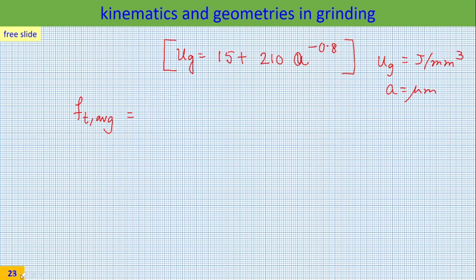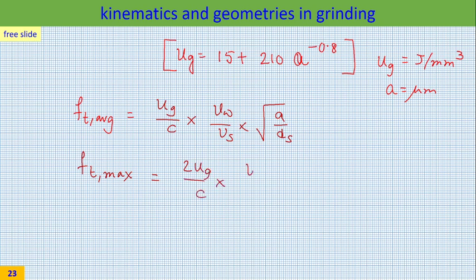FT average we have derived as UG by C into VW by Vs into root over A by ds, and this becomes FT max, which is 2 times UG by C into VW by Vs into root over A by ds.